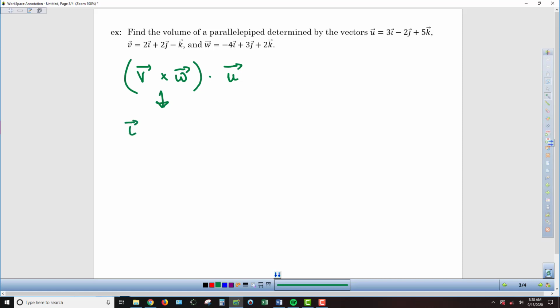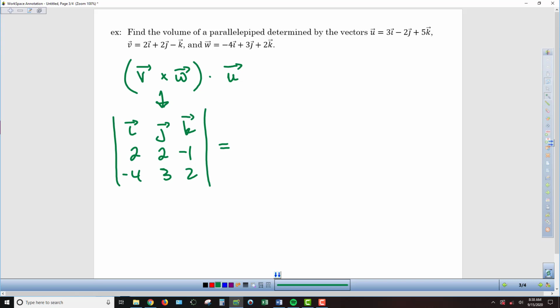If you'll recall from our previous study, we've got our method of determinants that we can use to find this cross product. So I'm going to run ijk across the top, and then v, 2, 2, and -1, and then w, -4, 3, and 2 across the bottom.